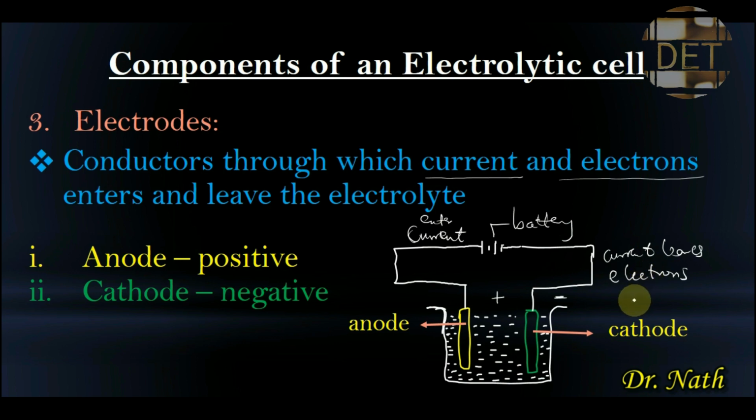So electrons will enter through the cathode, and the electrons will leave through the anode. This is very important. Current enters through the anode, electrons leave through the anode, current leaves the electrolyte through the cathode, and electrons enter it through the cathode. These two basic things are very important.